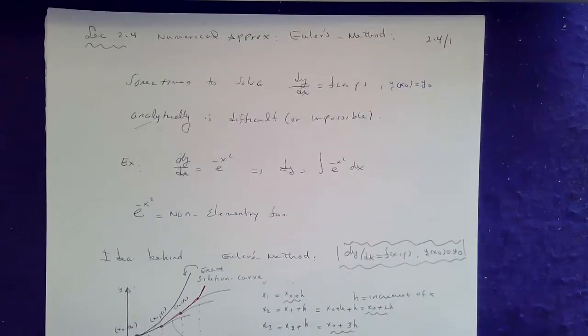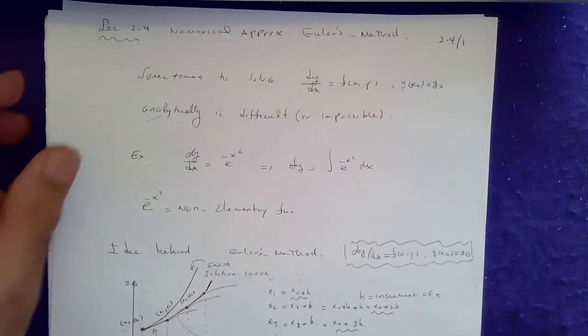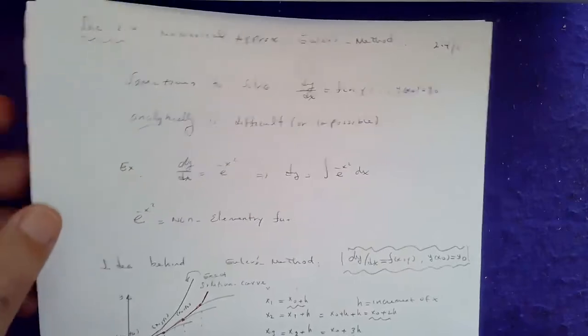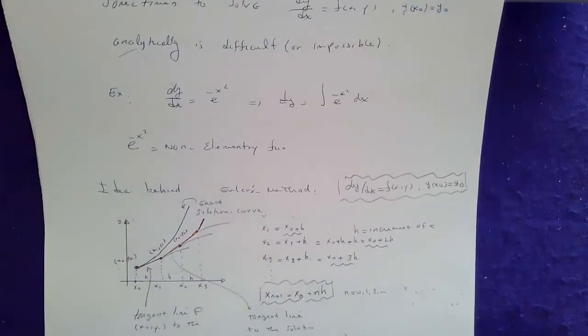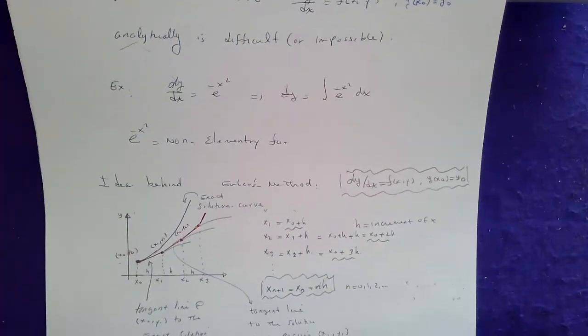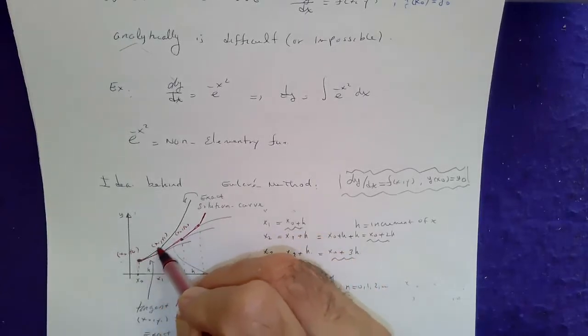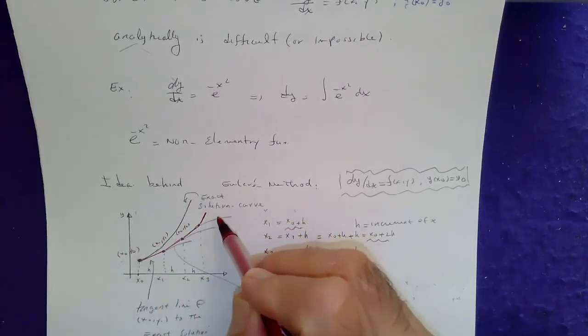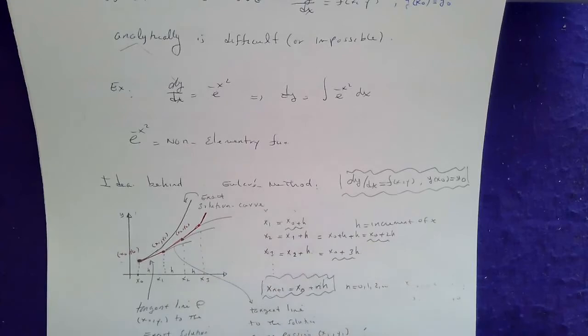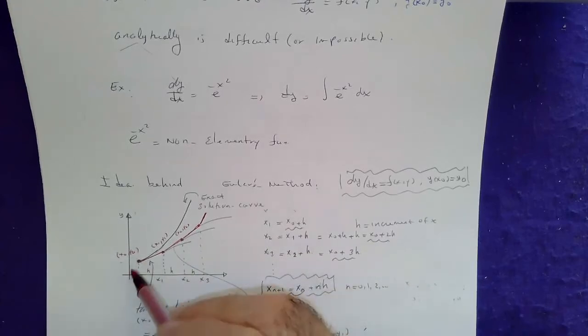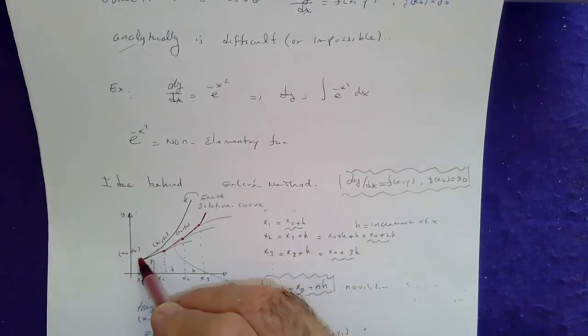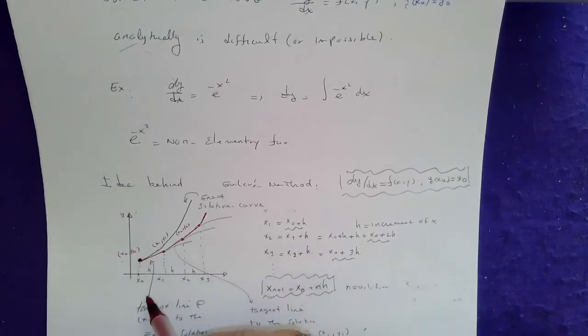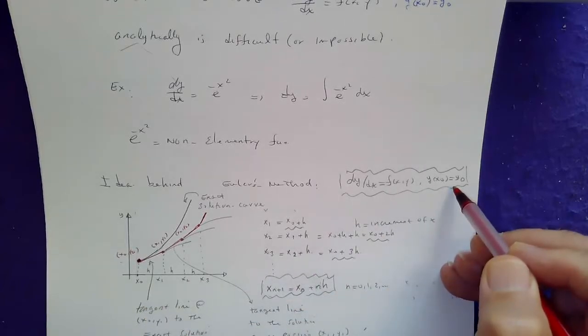So let's see what Mr. Leonard has done so we can go from there. The idea behind Euler's method is as follows. Pretend this is your exact solution, this curve. Euler chose a point on the solution where it coincided with the initial condition.